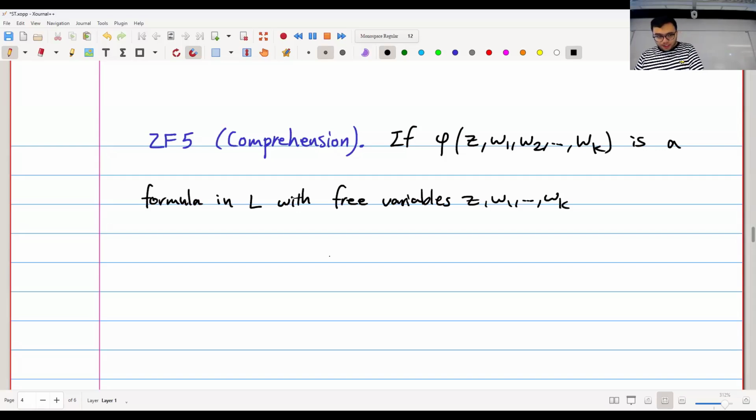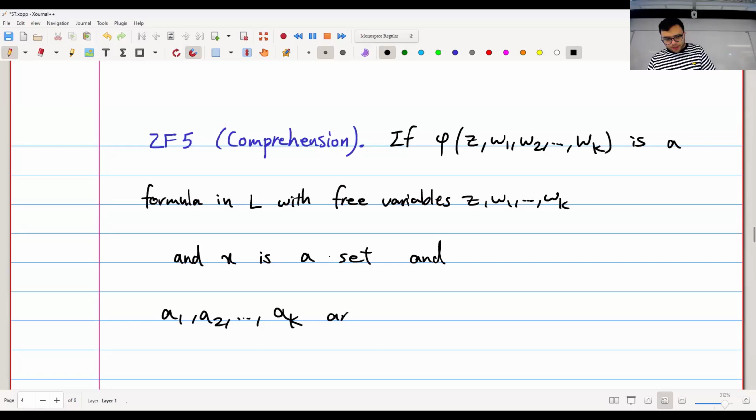Okay, so if phi is a formula in L with these variables, and X is a set, and let's just write A1, A2 to Ak are sets.